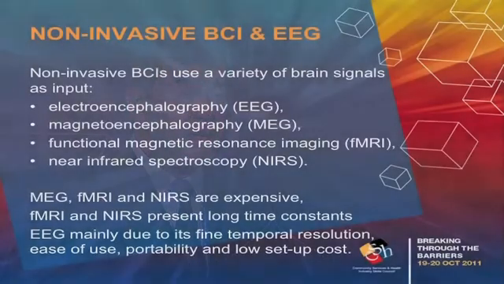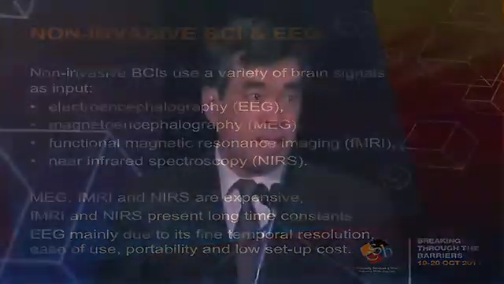So what kind of signals can we get from the brain using the non-invasive BCI system? The first one is EEG, and then MEG, fMRI, and NIRS. For other signals, for example MEG, fMRI, and NIRS, they are very expensive, and the devices are also hard for people to use.